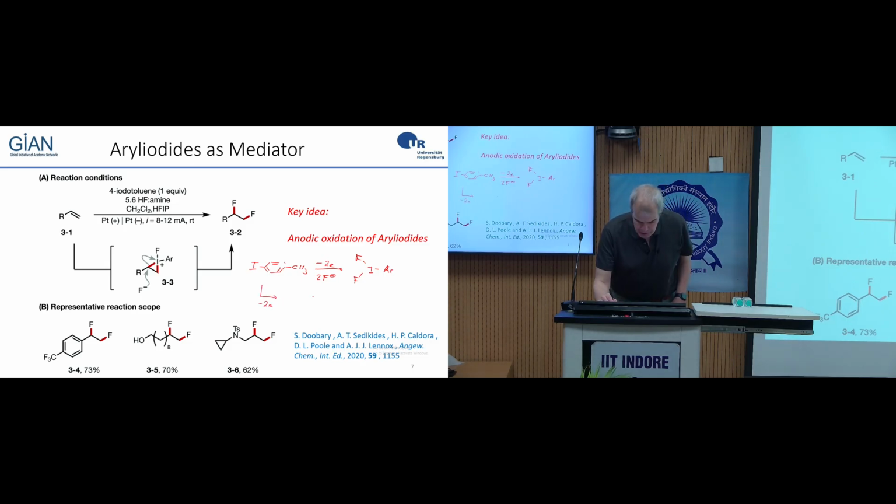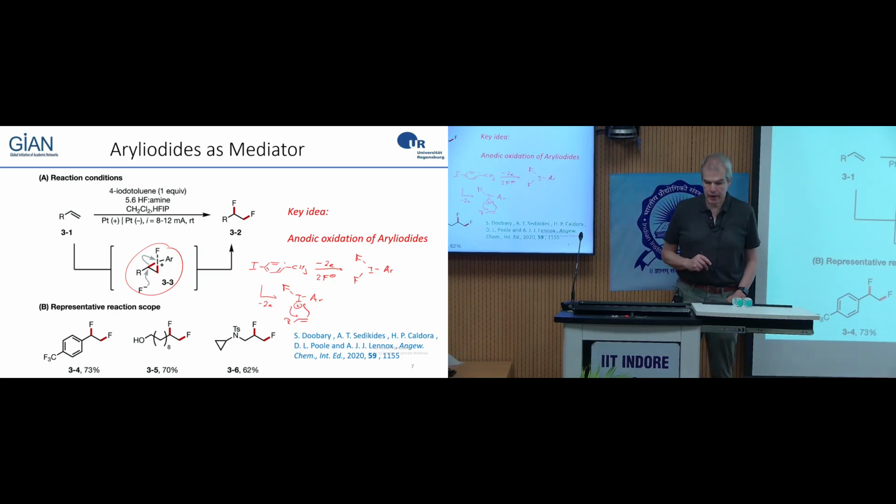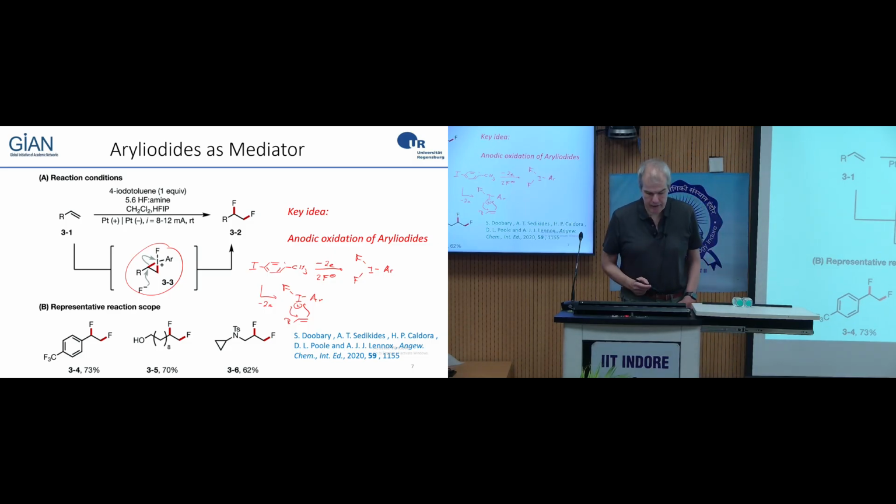So probably you go through something like this, and then the alkene might attack this, and you form, as it's shown here, such an iodonium ion again. And if this gets attacked by the fluorine twice, you end up here.